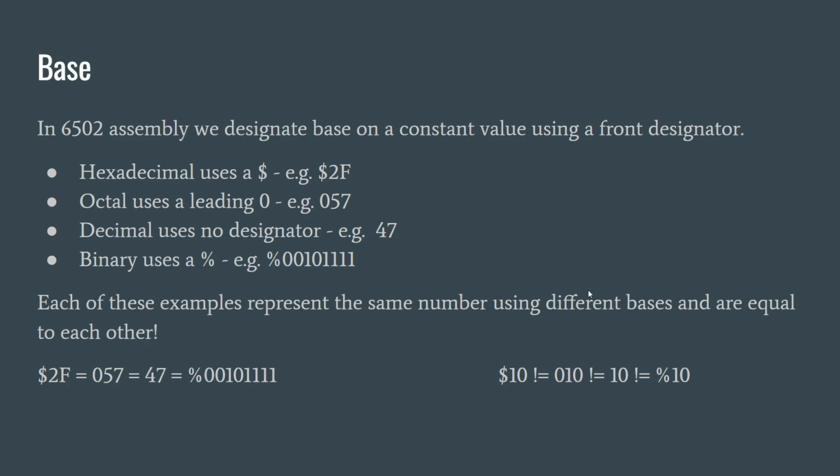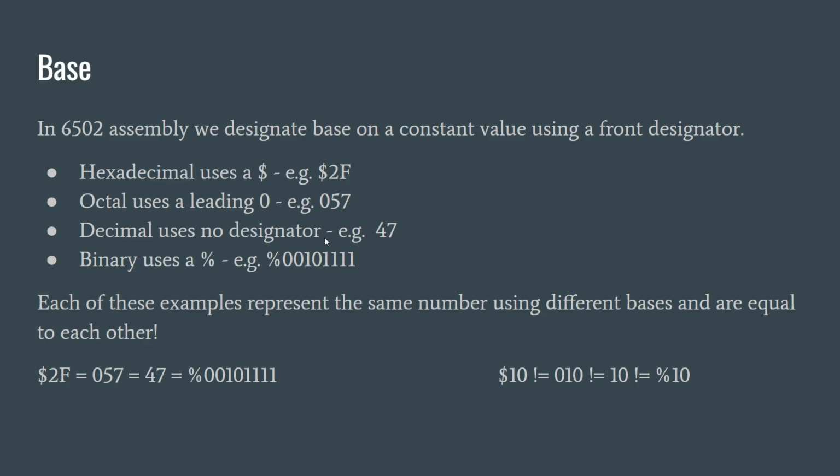In 6502 assembly, we designate hexadecimal with the $ sign. So if a number is hexadecimal, we put a $ sign in front, so $2F. In octal, we put a leading 0, and so it's 057.